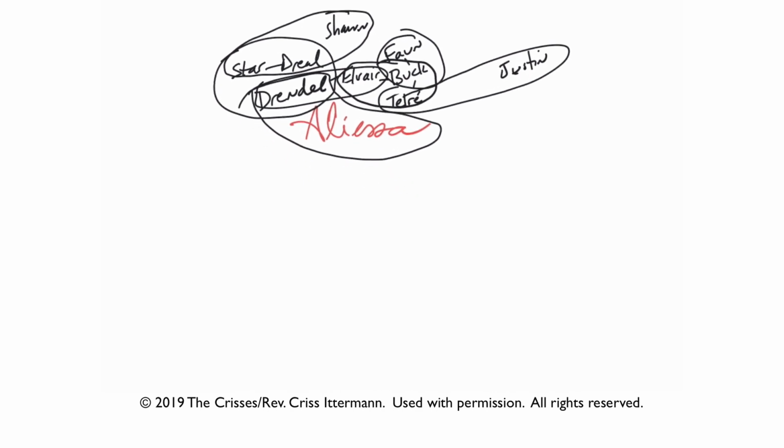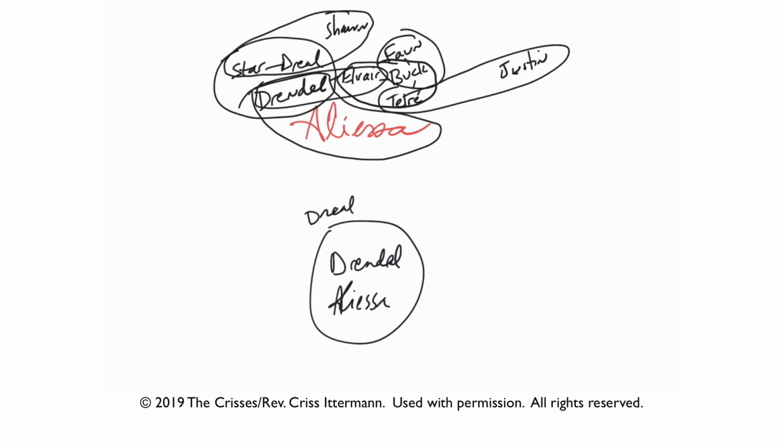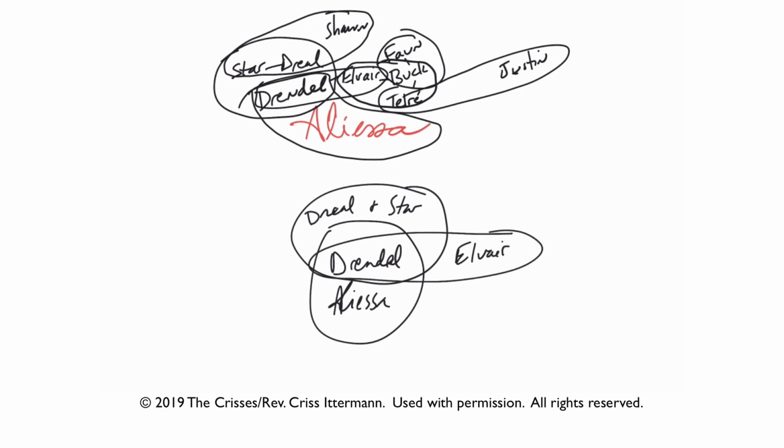Move this up so we can draw underneath it. So now we're being sloppy because it's just pencil and paper, right? Drendel, and they're in a relationship. We have Drendel, Driel, and Star in a relationship. We have Drendel and Elvire in a relationship.